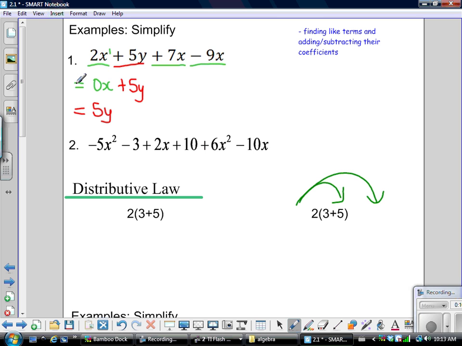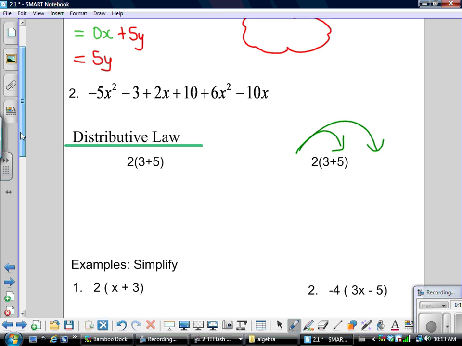I have only one equal sign per line. So if I do any rough work, I'm going to do it off to the side, because from one line to the next line, it means everything is equal to each other. So this 5y equals this line. The 0x plus 5y also equals that line. Everything directly underneath is assumed to be equal.